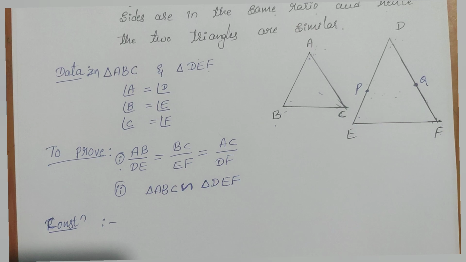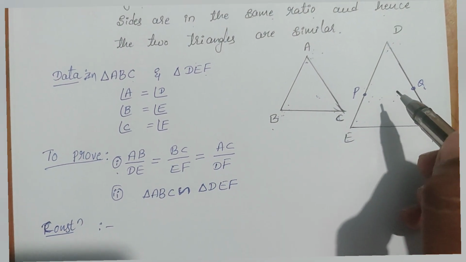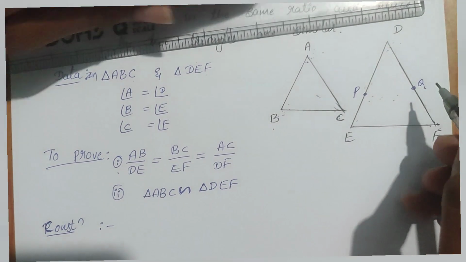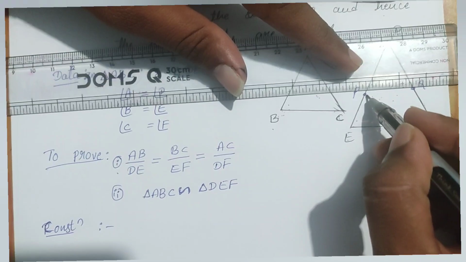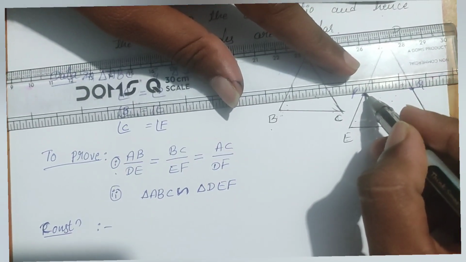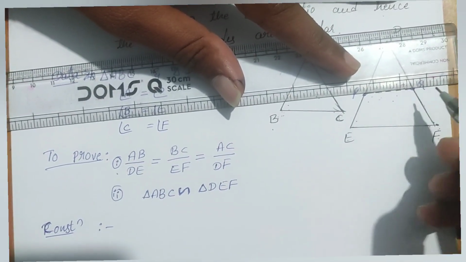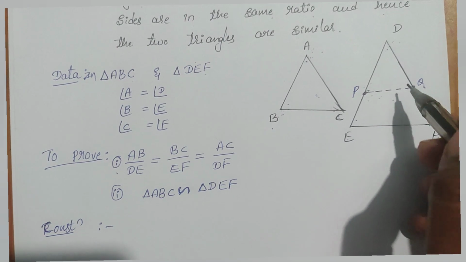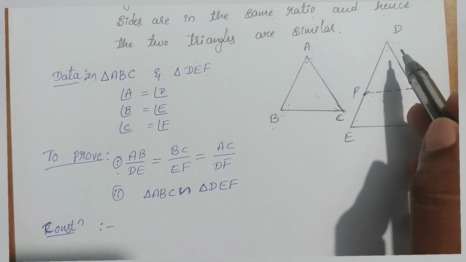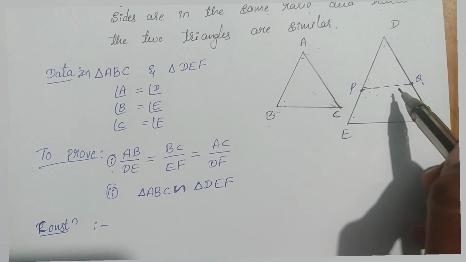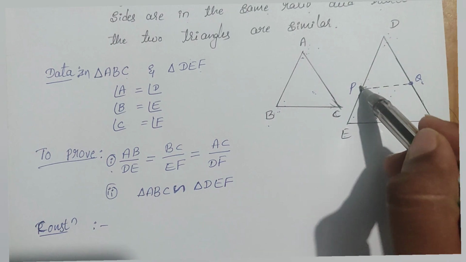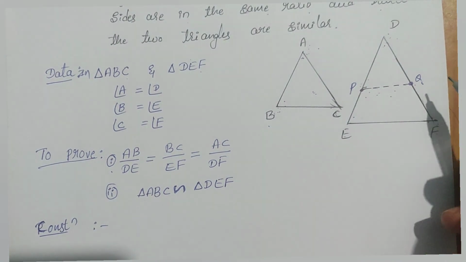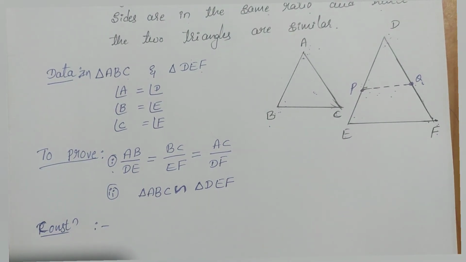And next we have to join those two points. You will get another triangle DPQ. So just write here what we constructed in the figure.